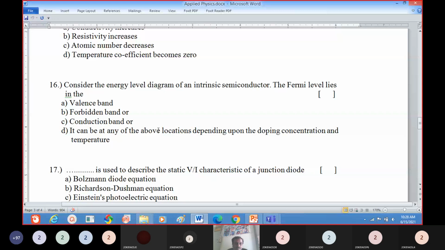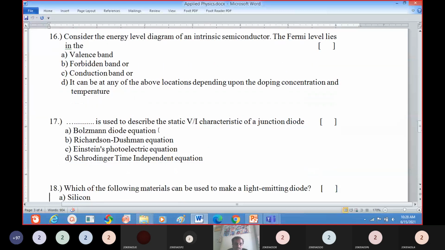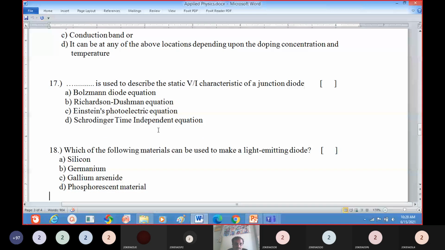Question 17: Dash is used to describe the static VI characteristics of a junction diode. Which equation are we using here for explaining the IV characteristics? Is it the Boltzmann diode equation?